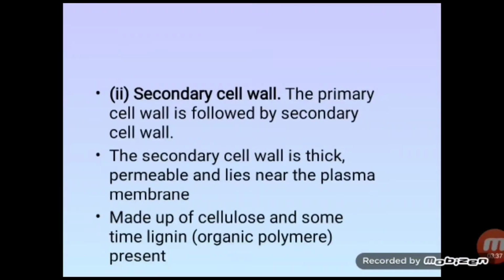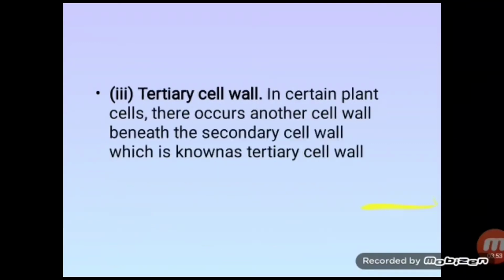The primary cell wall is followed by the secondary cell wall, and the secondary cell wall is thick, permeable, and lies near the plasma membrane of the cell. It is made up of cellulose and lignin. Tertiary cell wall. In certain plant cells there occurs another cell wall beneath the secondary cell wall, which is known as the tertiary cell wall.